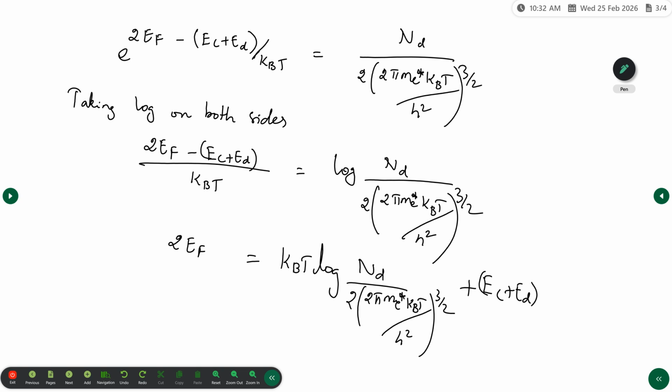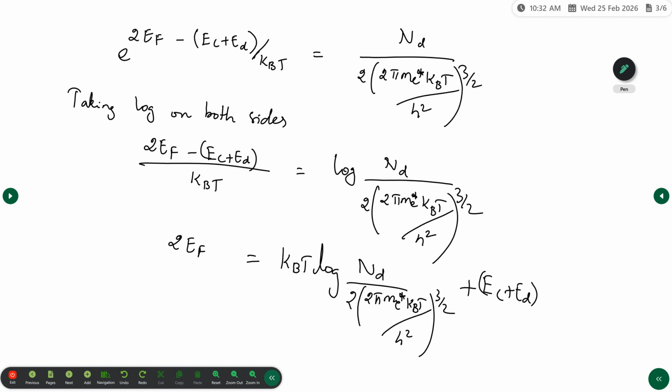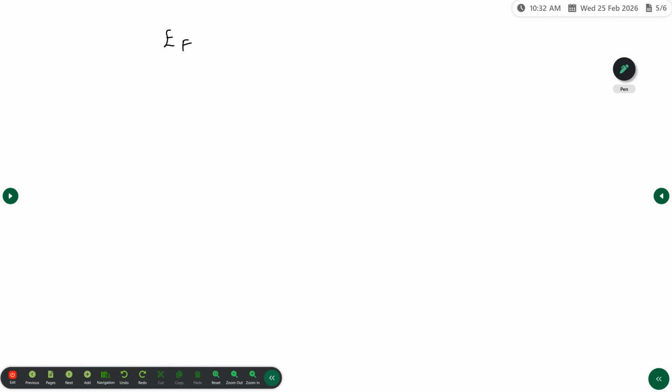So EF is equal to, here you have this value, EC plus ED by 2 plus kBT, okay, log, so kBT here also divided by 2.